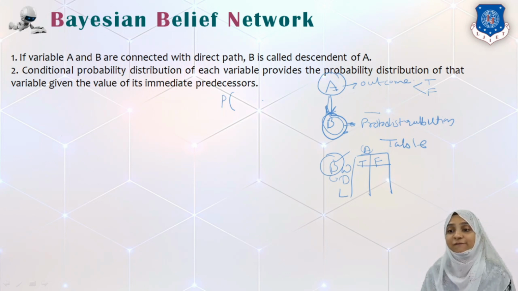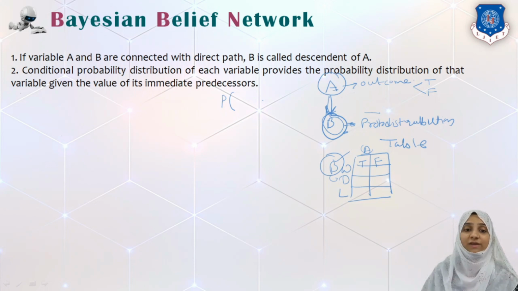So for example, if A has only two outcomes, we will have two different probabilities of winning, in case event A is true and event A is false. We will have two different values of drawing a match in case A is true and A is false. And we will have two different values of losing a match given that event A is true or event A results in false.